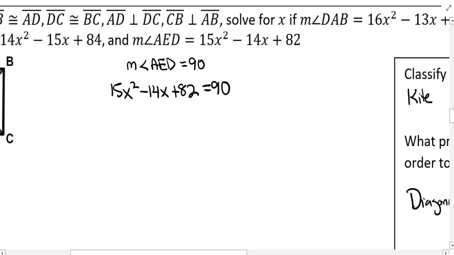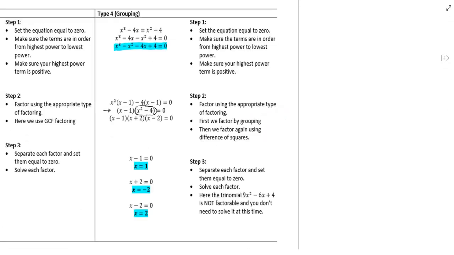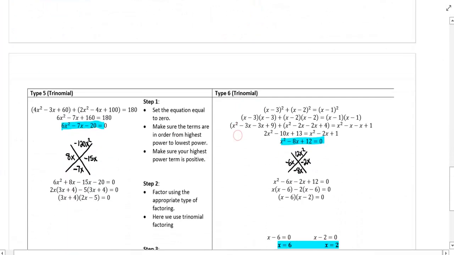So now that we're solving, we could subtract 90 from both sides of the equation and get 15x squared minus 14x minus 8 is equal to 0. And because we have three terms, we're going to use trinomial factoring, type 5 or type 6.